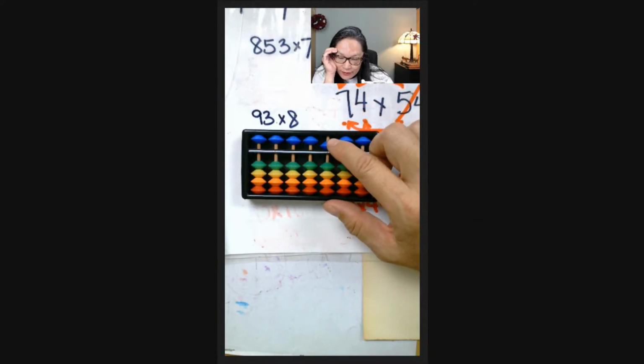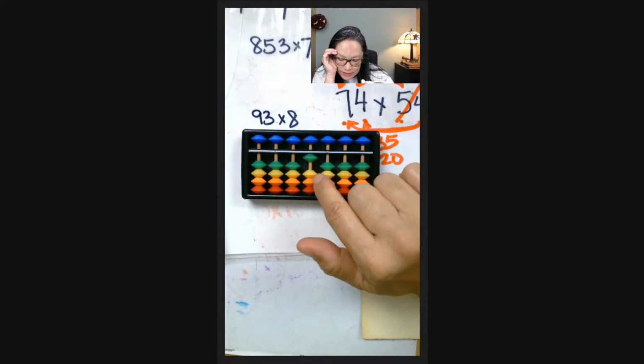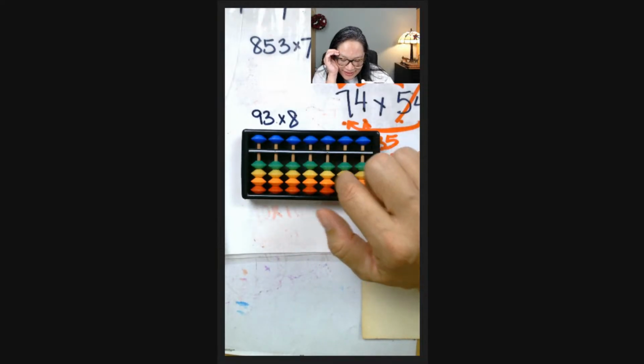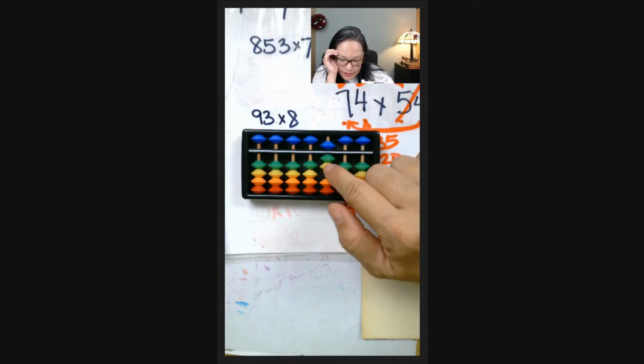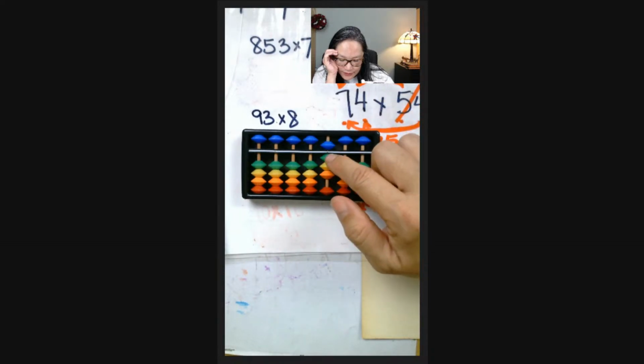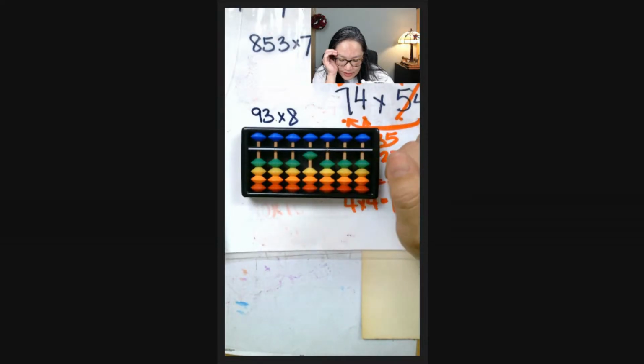So this is five. We have five, five. This is 55, not 10. 10 looks like this. So we have 5, 6, 7, 8, 9.